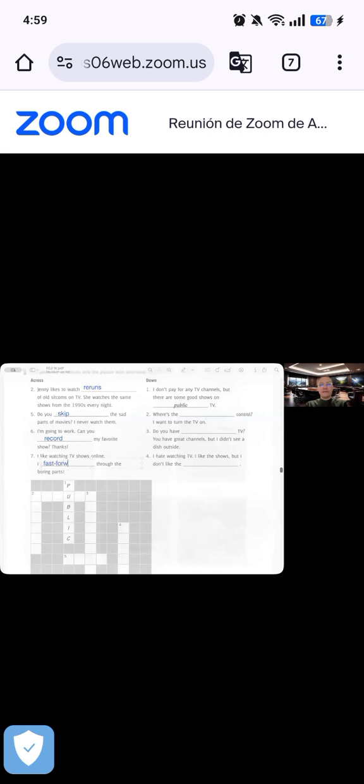Fast forward, remember, is when you don't skip. It's like next, next, next, but you press the fast forward button, which is with 2 triangles to the right side, and you can see the scenes running fast, right? Through the boring parts.